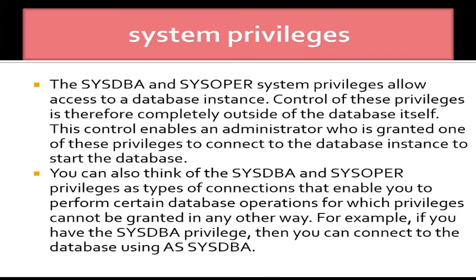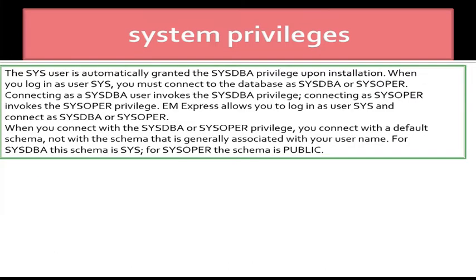For example, if you have the SYSDBA privilege, then you can connect to the database as SYSDBA. The system privileges: the SYS user is automatically granted the SYSDBA privilege upon installation.